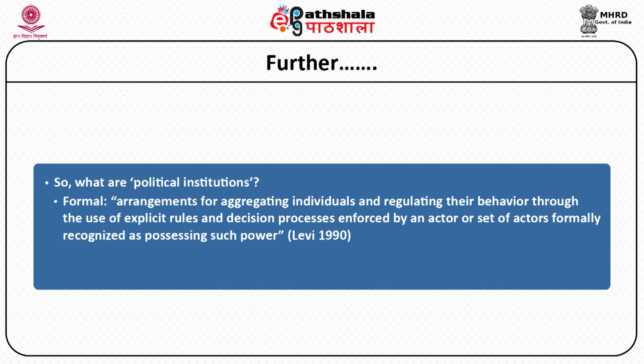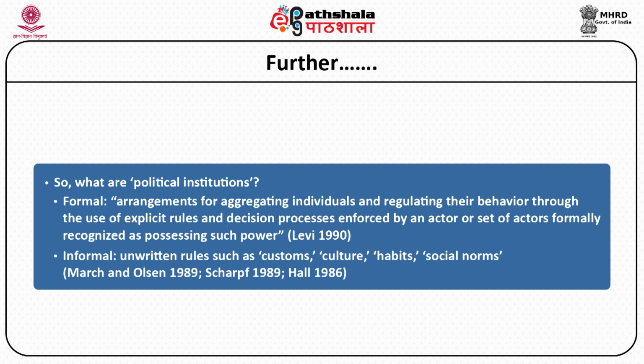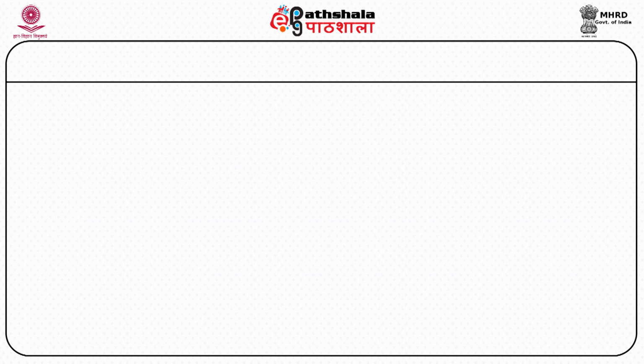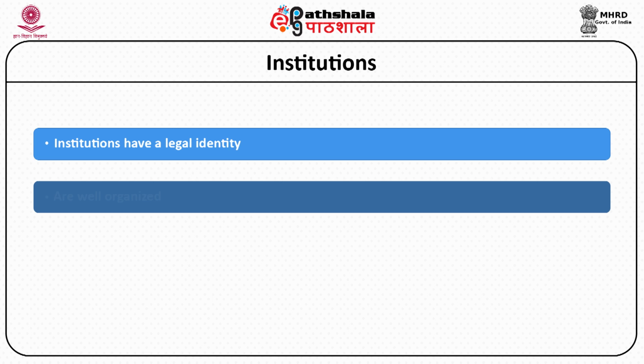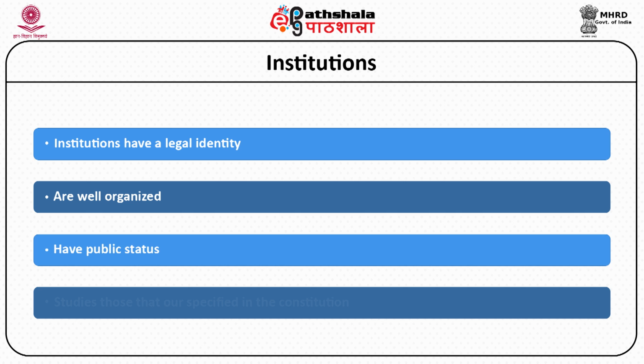The formal political institutions are those which are mentioned in the Constitution, which have an organization and a set of rules, and the informal are your customs, your traditions, your habits, etc. Institutions have a legal identity because they have the stamp of the Constitution, they are well organized, they have a public status, and under the institutional approach, we study only these institutions which are specified in the Constitution.